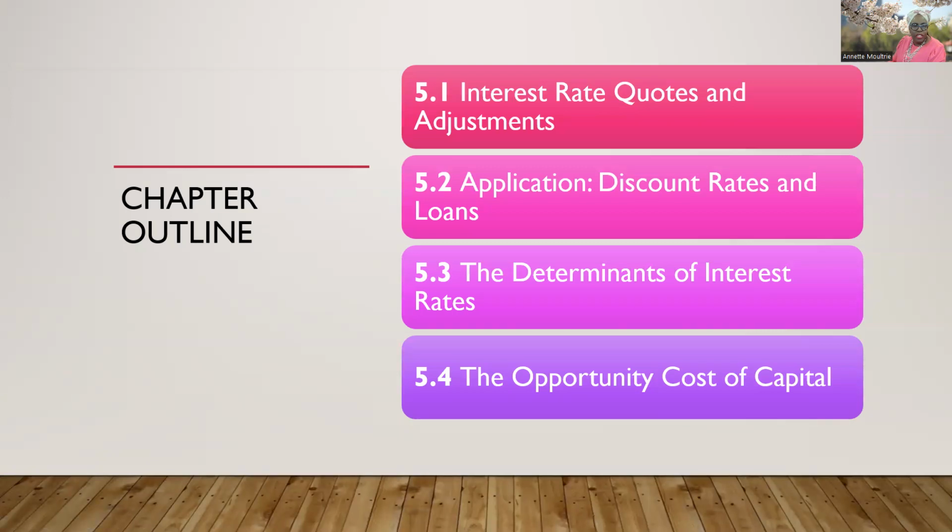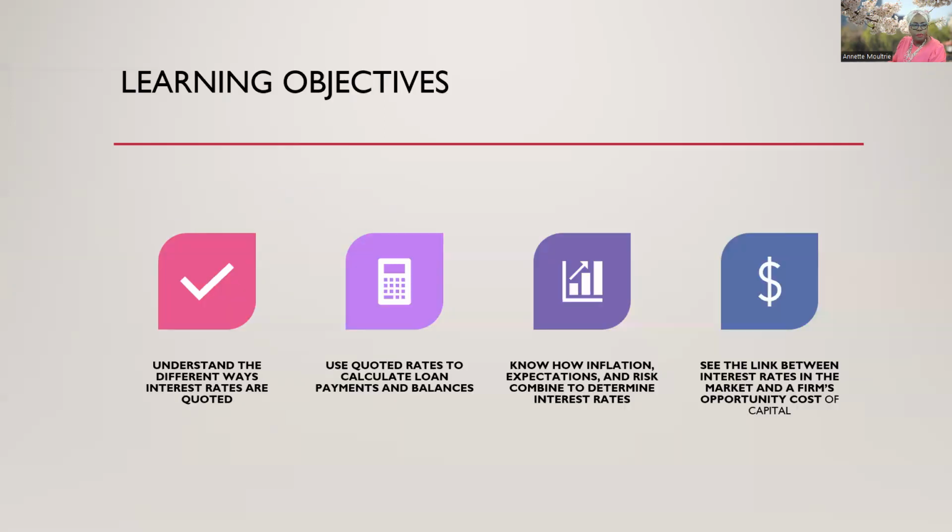So the outline for chapter 5, as you see here, we will be discussing interest rate quotes and adjustments, application, discount rates, and loans, the determinants of interest rates, and the opportunity costs of capital.